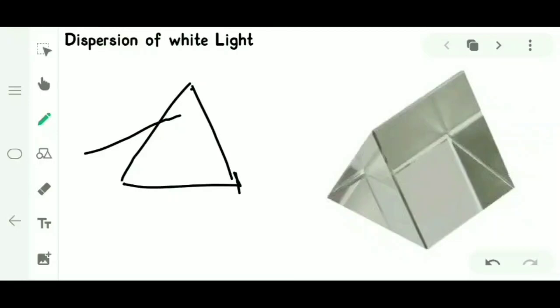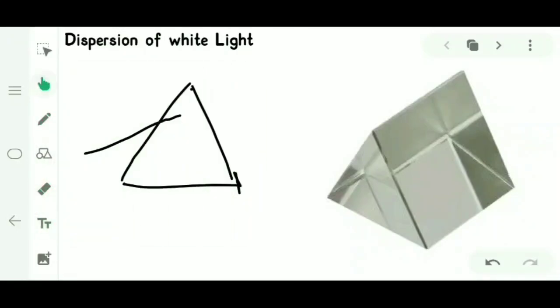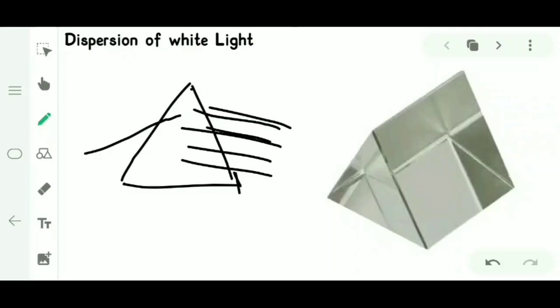Due to this triangular shape, it will split into 7 colors, like that. These 7 colors are actually this VIBGYOR. So now which color will come forward?